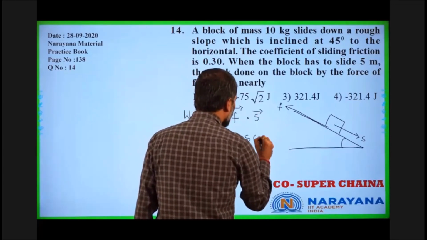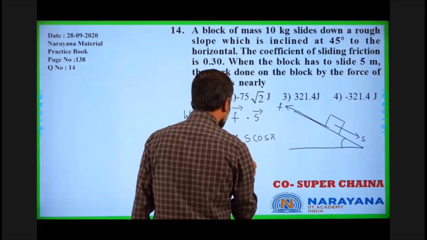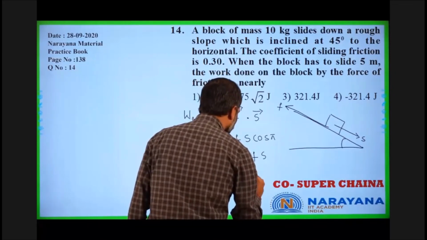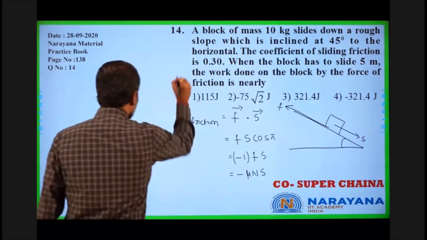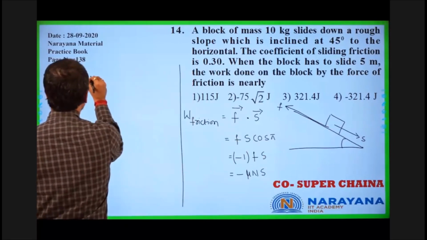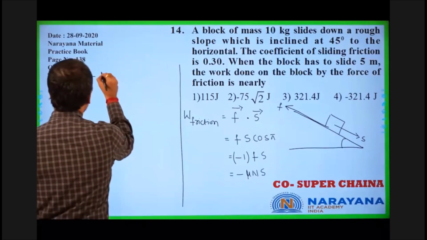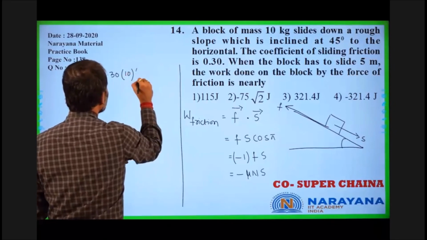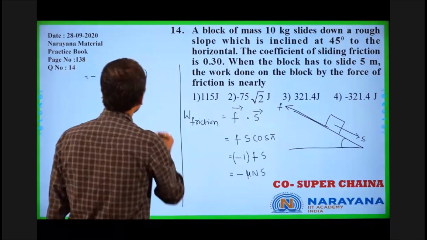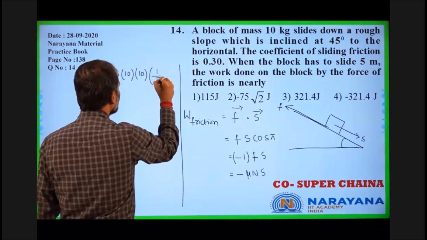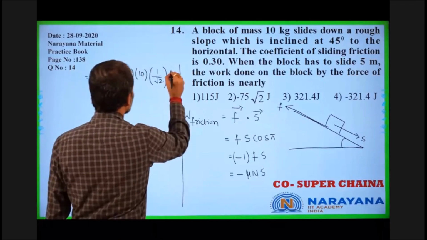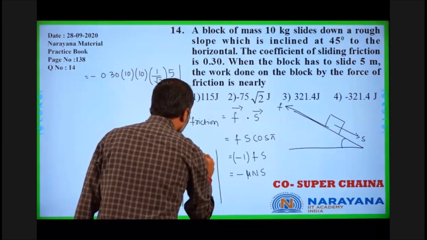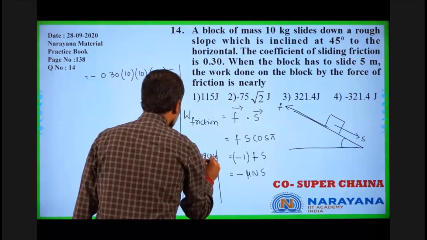So F s cos 180, where cos 180 is equal to minus 1, into F into S. F is equal to mu into N. Now here it is minus mu, which is 0.30, into m, which is 10, into g, which is 10, into cos 45, which is 1 by root 2, into the displacement, which is 5 here. Everyone of you knows that N is equal to mg cos theta. That is what I have represented here.